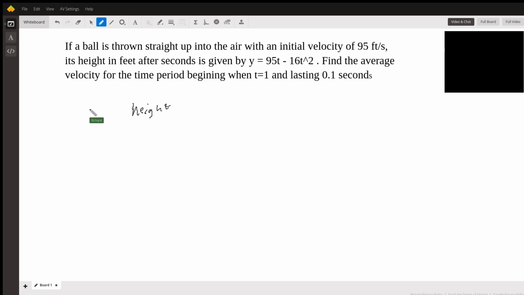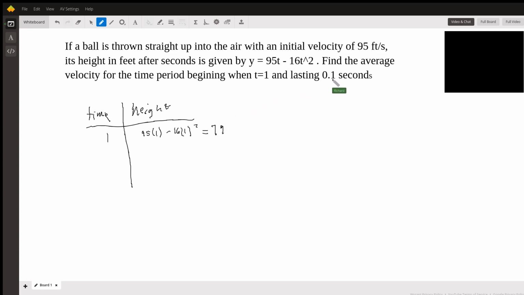So we have a time and a height. At time 1, the height is going to be 95 times 1 minus 16 times 1 squared. Putting that in my calculator, I get 79.